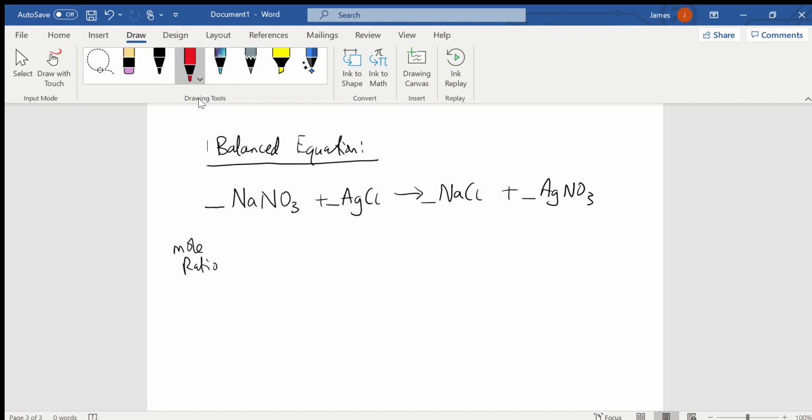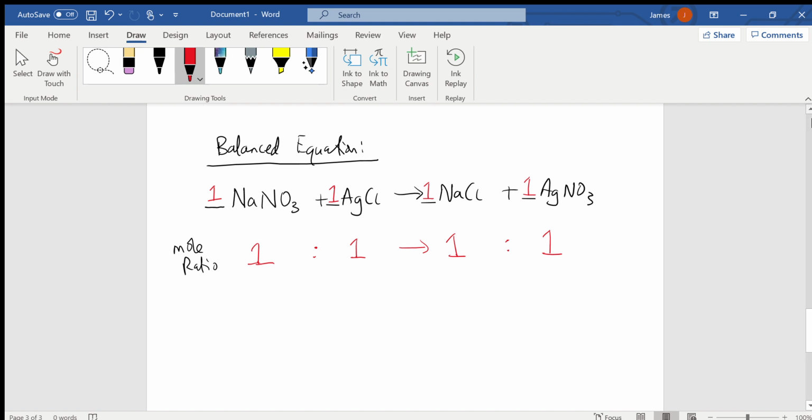You typically don't write 1, but we can see the absence of a number means that the number must be 1. So this is in a 1 to 1 to 1 to 1 mole ratio, right?